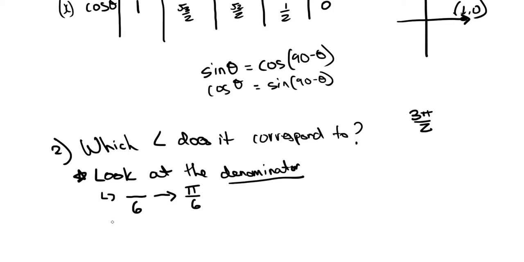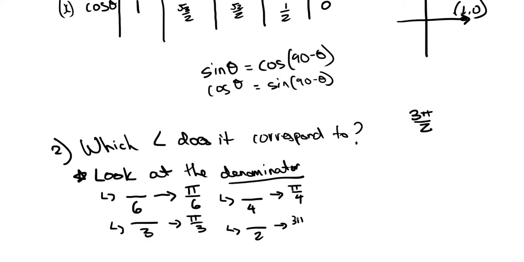If it's 3, it corresponds to pi over 3. If it's over 4, then it corresponds to pi over 4. And if it's over 2, it corresponds to 3 pi over 2. And if it's just over 1, then it corresponds to just 0.